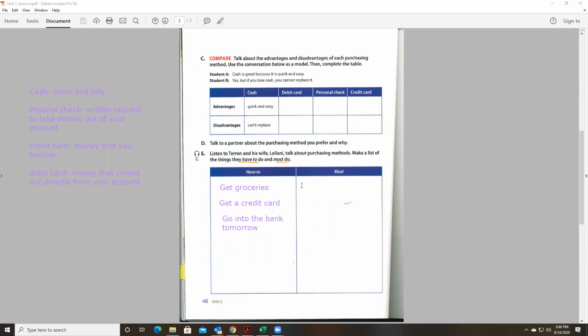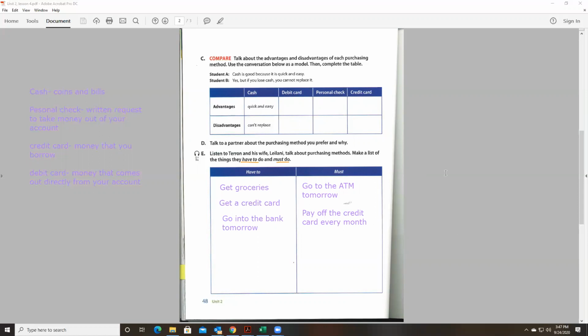Under your list for musts, you have go to the ATM tomorrow, pay off the credit card every month.